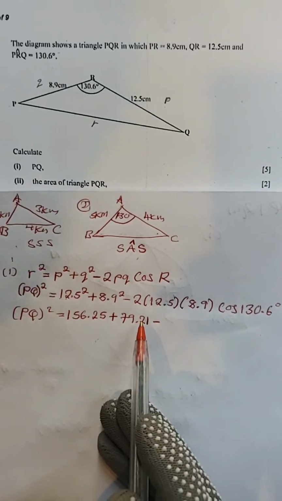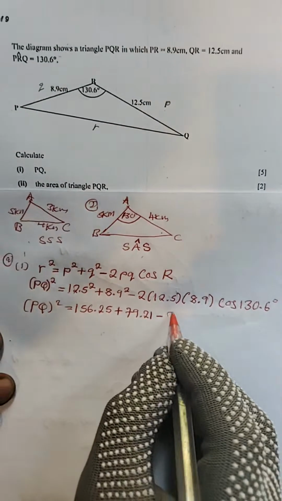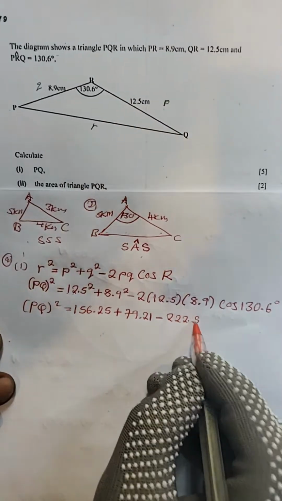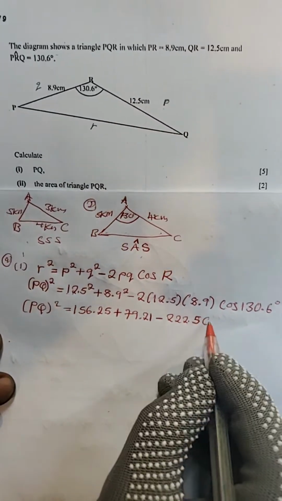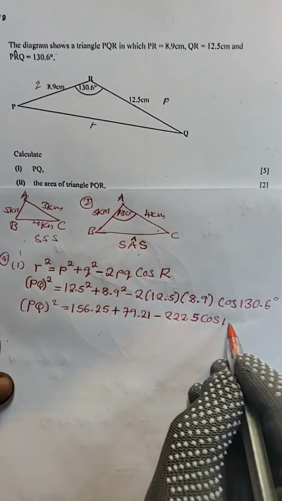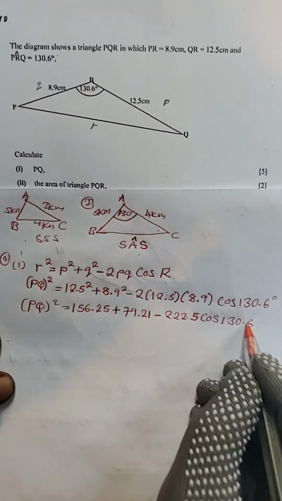This is giving me negative 222.5 cos 130.6.